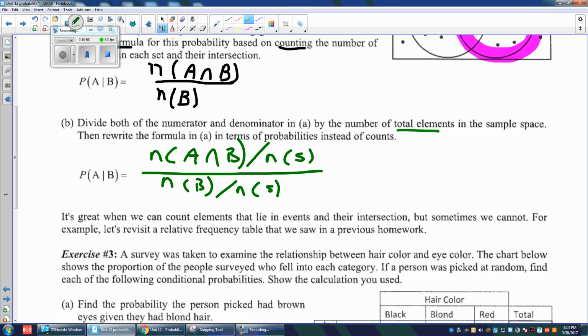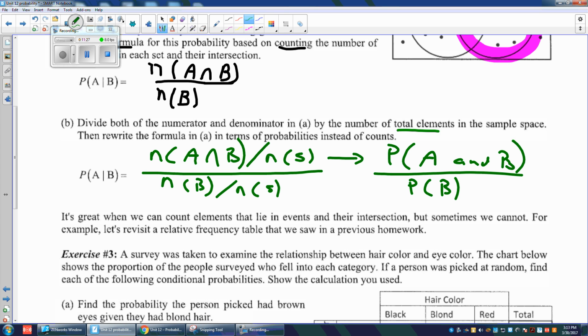Now we're just going to rewrite this because this is a definition. This means the probability of A intersecting B, or A and B, divided by the probability of just B. That's pretty handy.